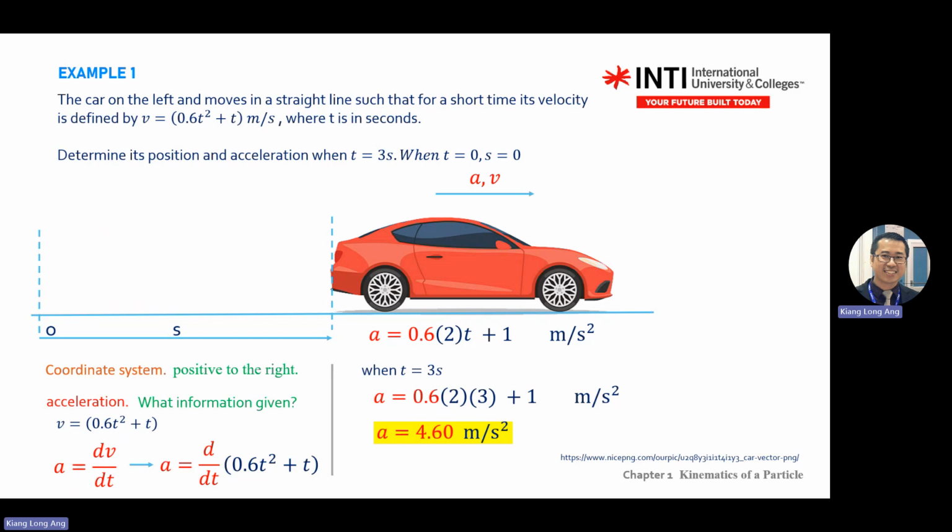If you write A equal to 4.6 without the unit, you only get 1 mark, even though you get the correct value. Why? The unit is missing. So for all the answers, if you forget to put in the unit, you get a 50% discount from the full marks. So unit is very important.